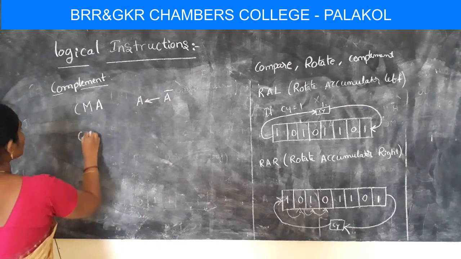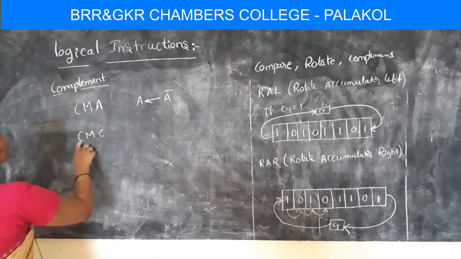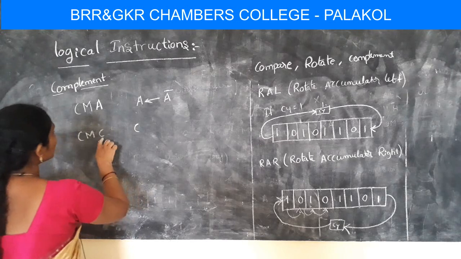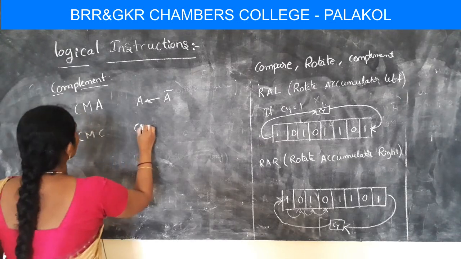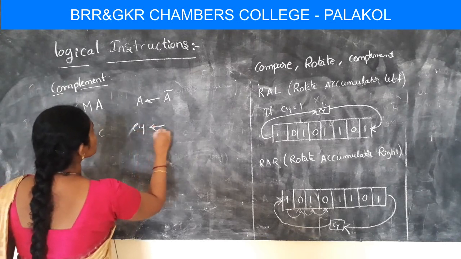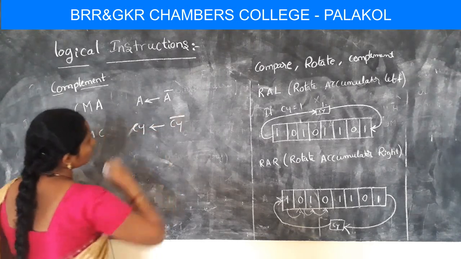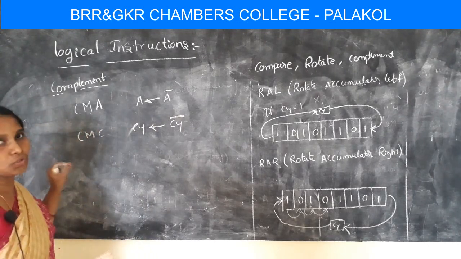Another instruction is CMC, where C is nothing but carry: complement the carry, so that is CY tends to CY bar. So these are the logical instructions.